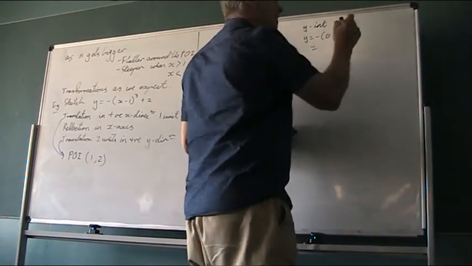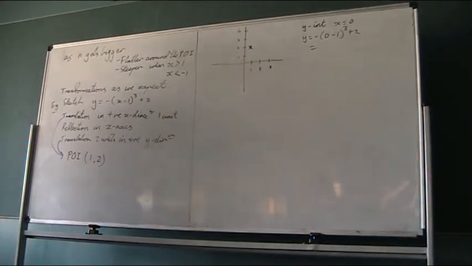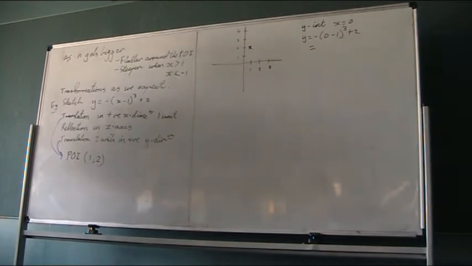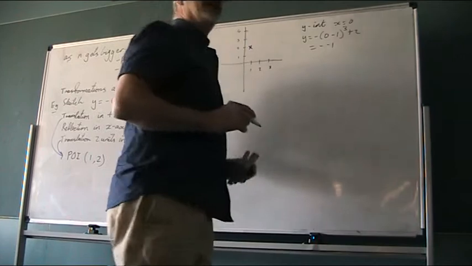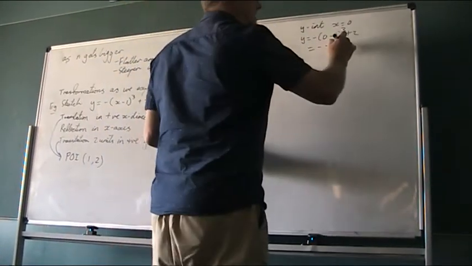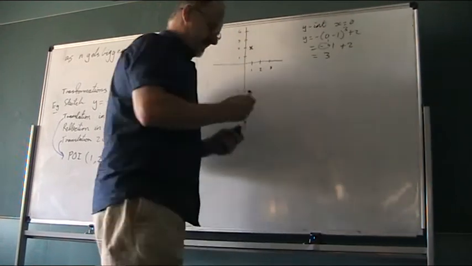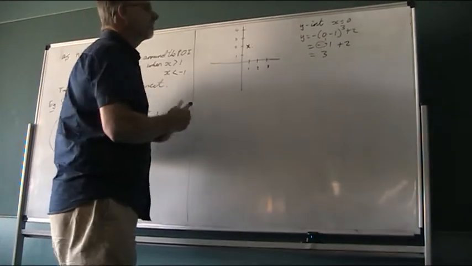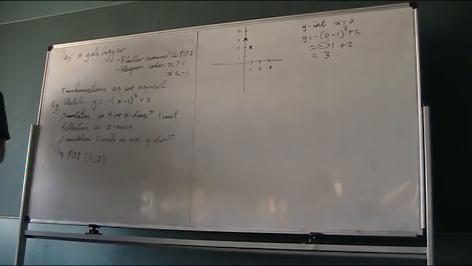You should have. That's better, thank you. Negative 1 cubed is negative 1. And then we've got a negative outside that negative 1, which makes it a positive. So our y-intercept then is at 3. Right there like that.